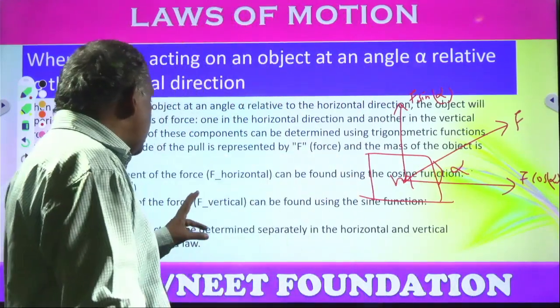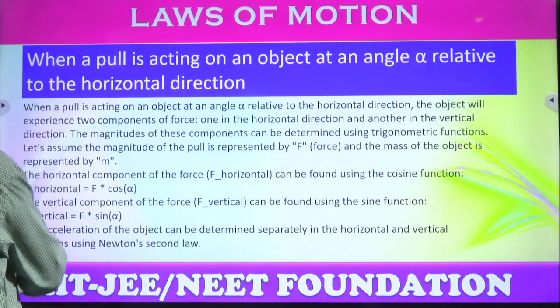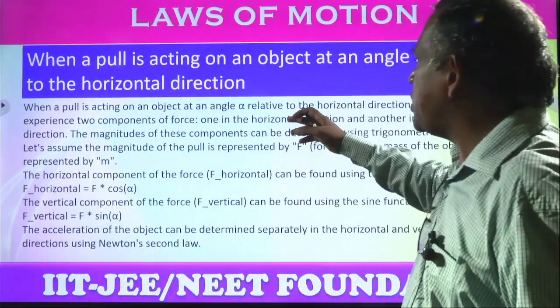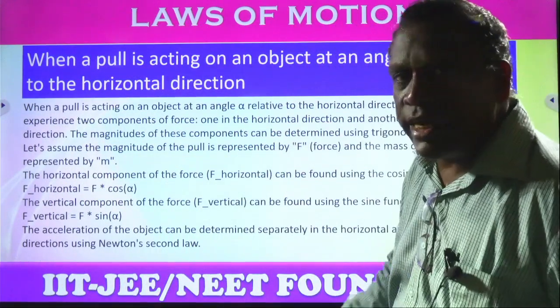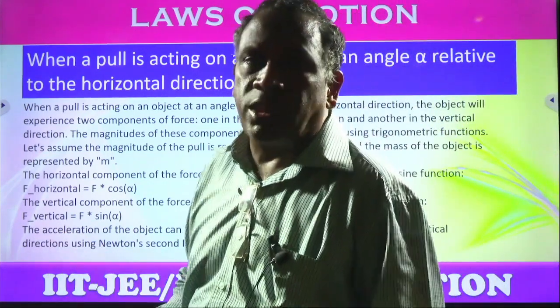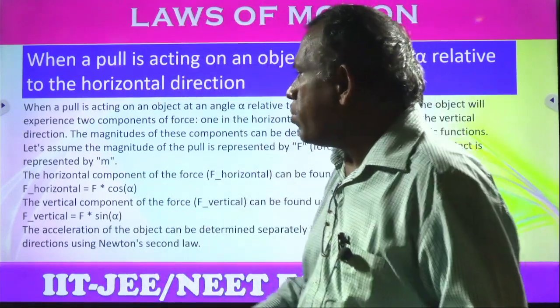When a block is pulled at an angle alpha relative to the horizontal direction, the object experiences two components of the force, a horizontal component as well as a vertical component.